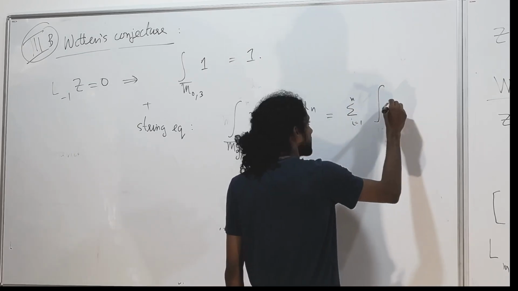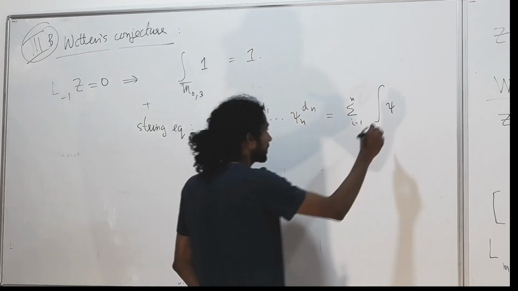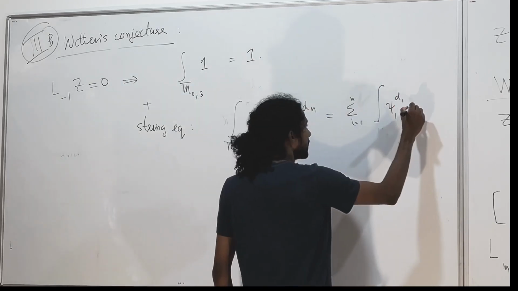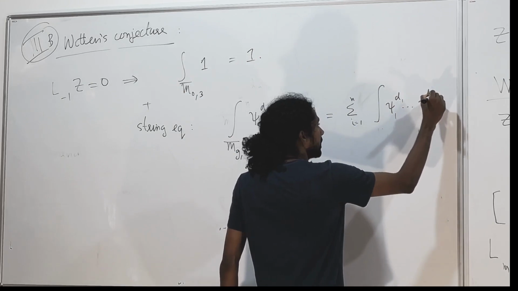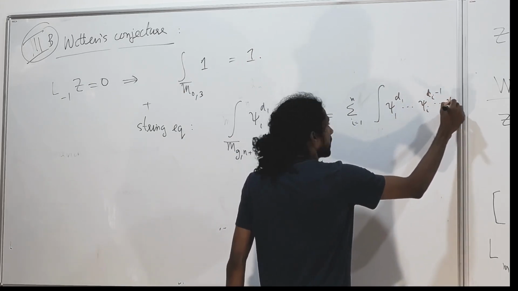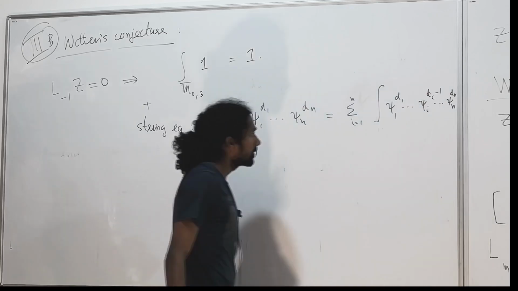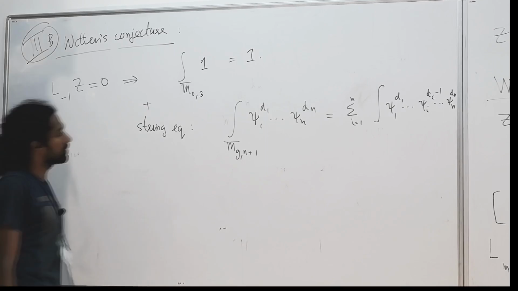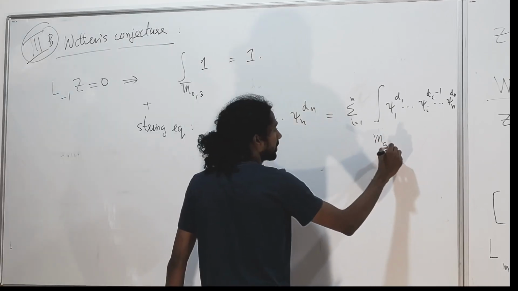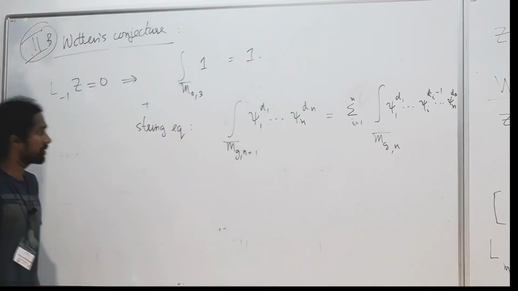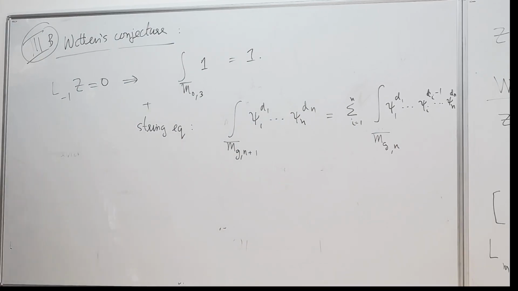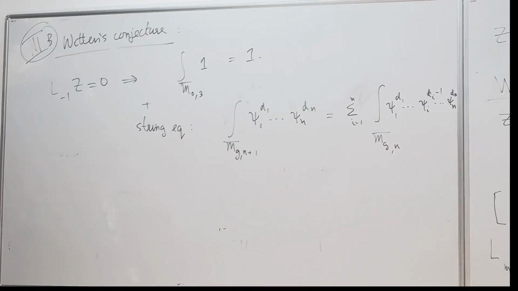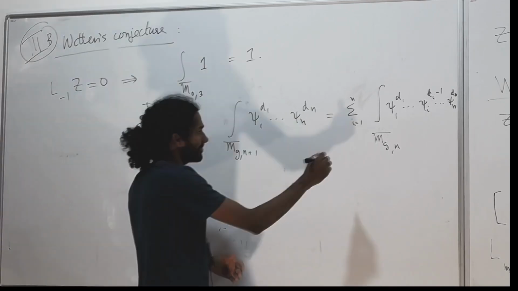Every psi class that you see, you take 1 power out of it, from the ith one, on M_{g,n}-bar.